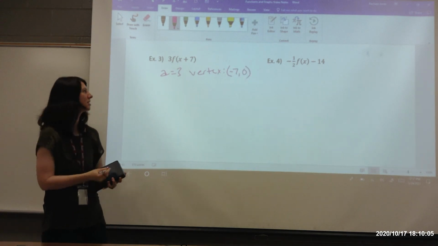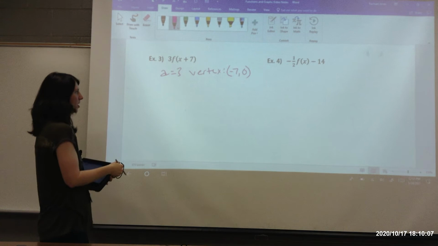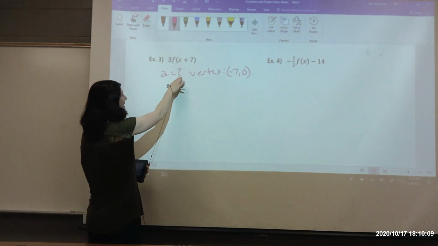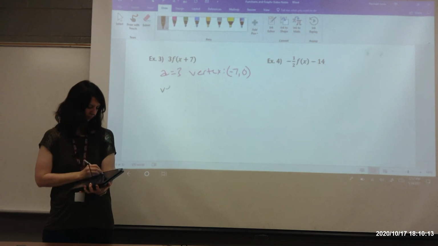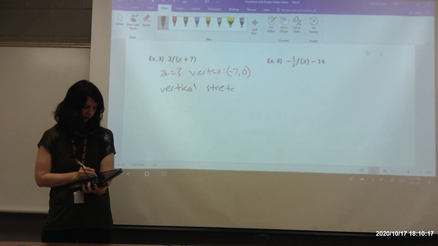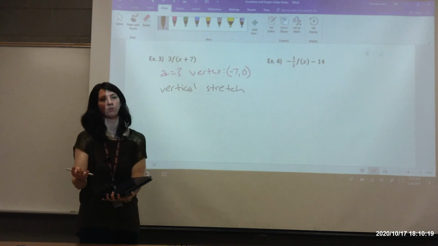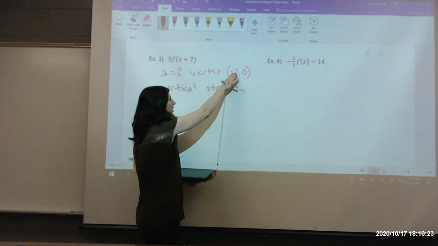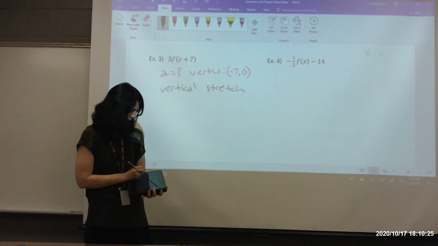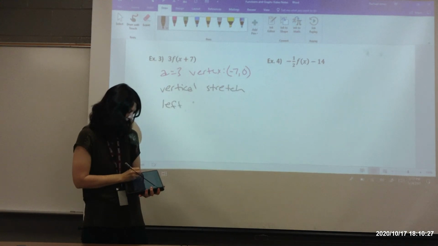And we could tell what type of transformations are happening. So A is greater than 1, so that would be a vertical stretch. It's positive, so no reflection. So that means no transformation in that area. And then we are moving left 7, down 0, so that would just be a left 7.